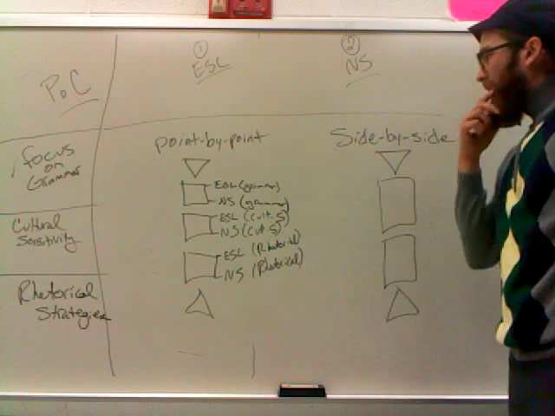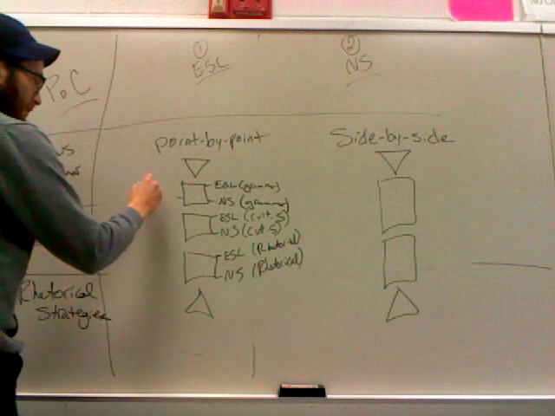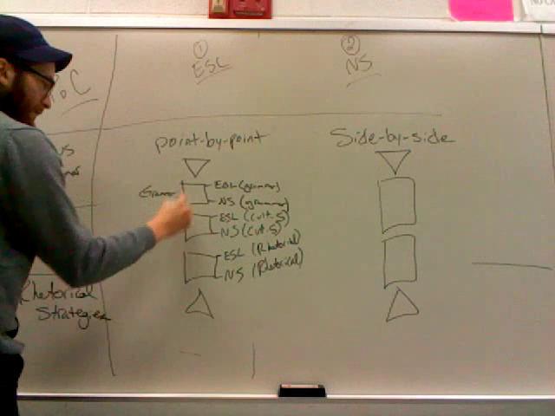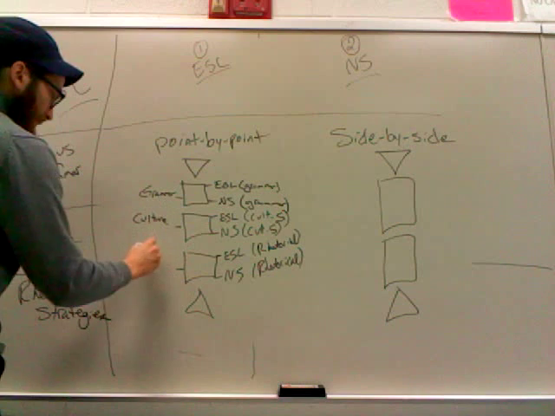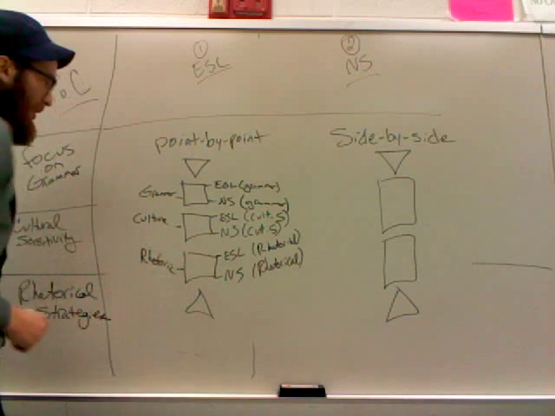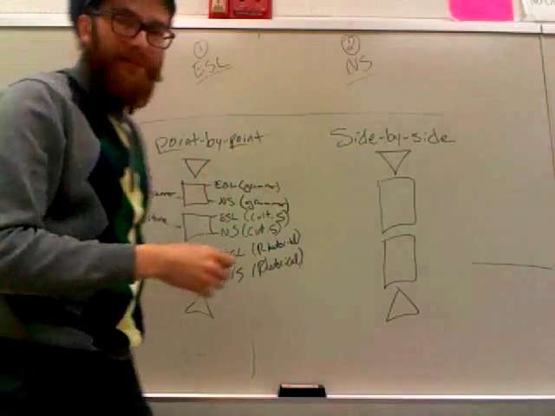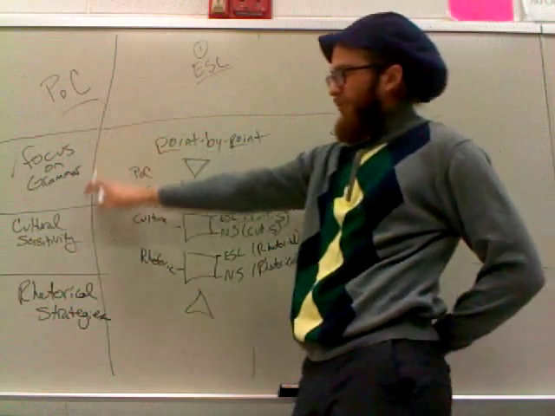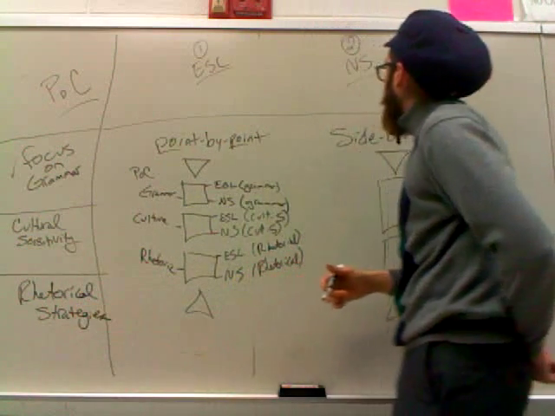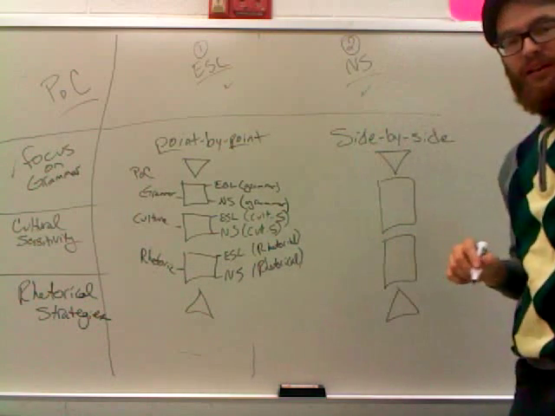All right, so here, each paragraph is about a point of comparison, right? Grammar, culture, and rhetoric. Each paragraph is a point of comparison in point by point. Side by side, instead of using your points of comparison as your paragraph organizers, you'll use your items as your paragraph organizers.